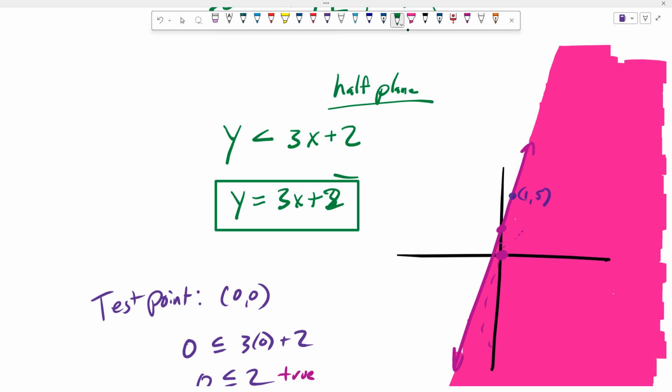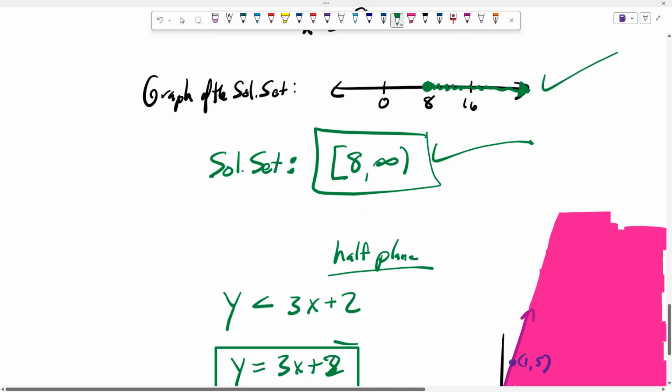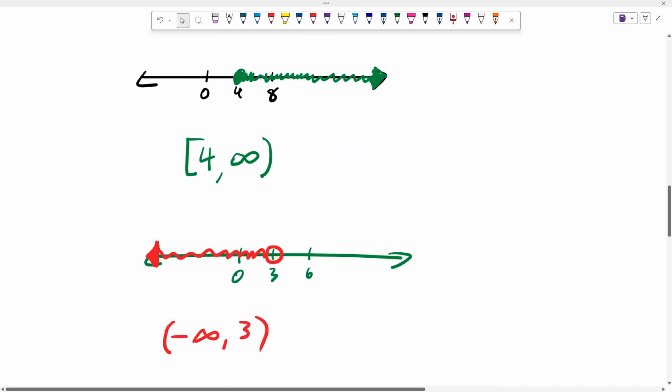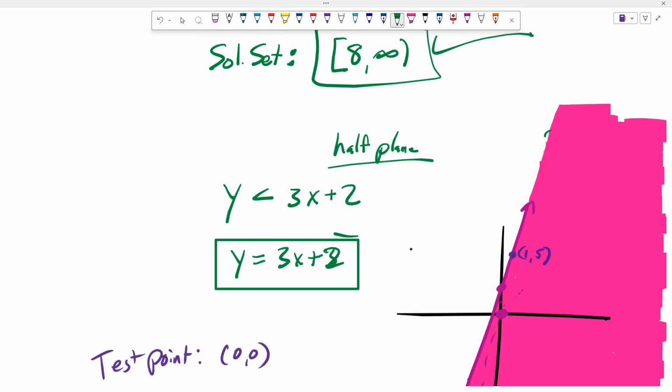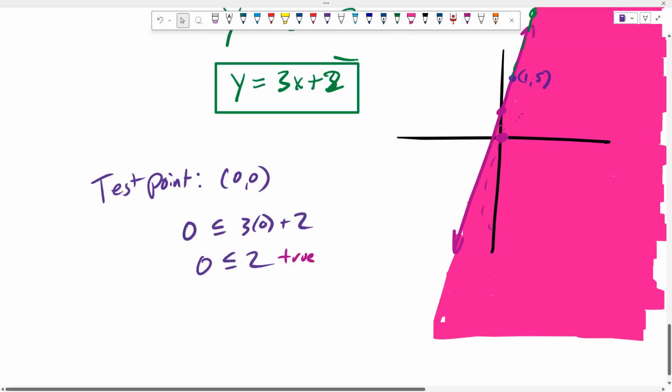And instead of, like we did up here, putting, where did we put it? An open circle, we basically put open circles on this entire line. But we don't really put open circles, we just put a dashed line. Okay, so we would put a dotted line. That means exclude that line, all the ordered pairs in that line.